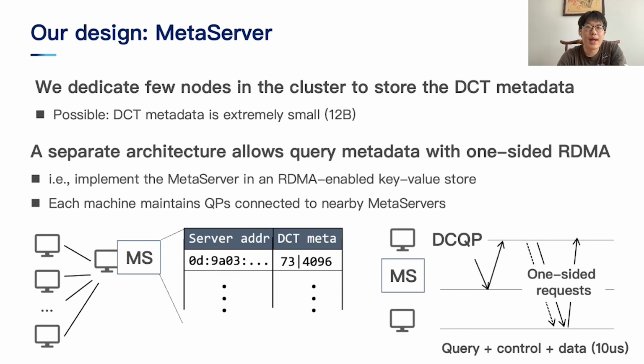So this separation allows us to use one-sided RDMA to query the metadata. Specifically, we implement the MetaServer as an RDMA-enabled KVS store commonly explored in the literature. The KVS store can be queried with one-sided RDMA, bypassing the remote CPU, which is extremely fast and resource efficient. Consequently, a whole connection and data process only takes 10 microseconds for new connections.